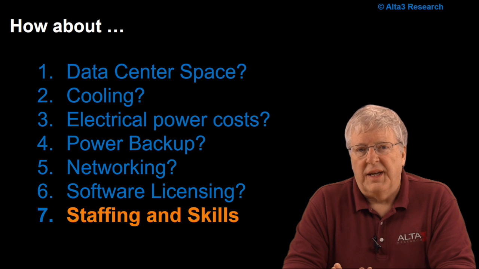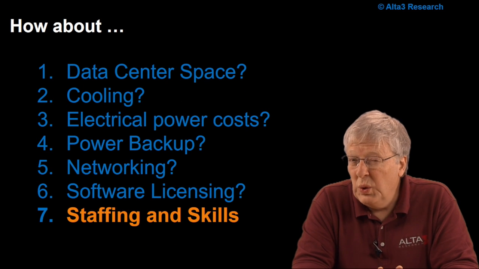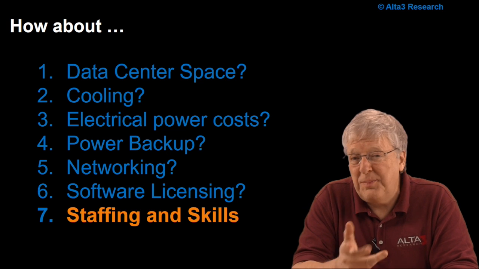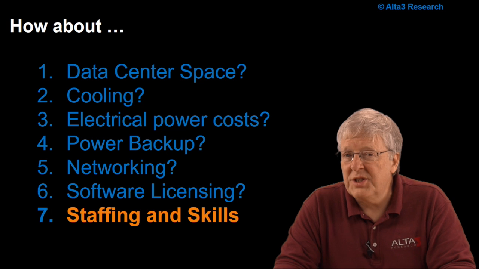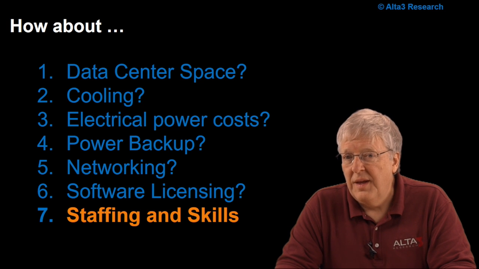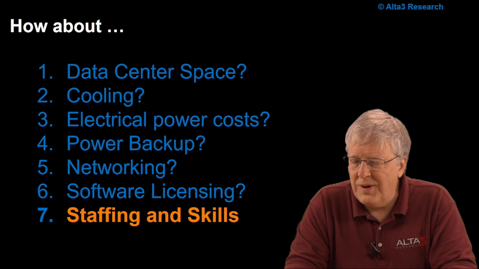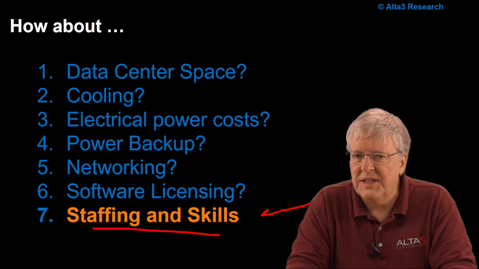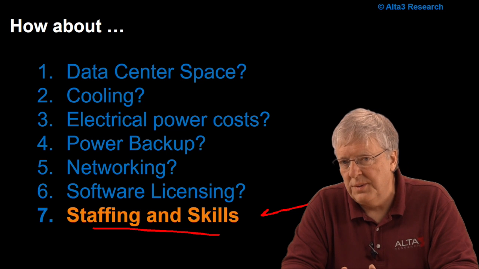Now, I know what you're thinking. How about the data center space required for this? Cooling, electrical power costs, power backup, networking, software licensing. Those things are actually trivial, as it turns out. I have empirical evidence. I'll show you that. But I have to grant you that item number 7 is a very big deal: the staffing and the skills required to do this.